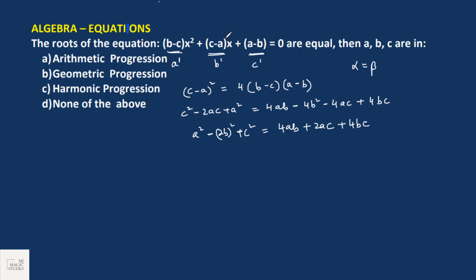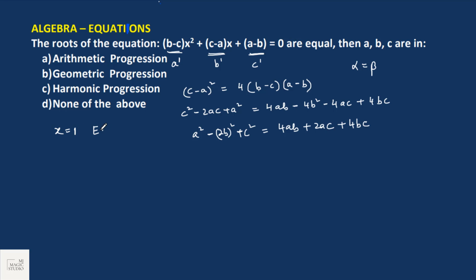So now the setup is actually, look at this equation. This is a trick equation. These values, these alphabets are in cyclic order: b minus c, after that c minus a, after a minus b. And once this is given, we know the sum of the cyclic numbers given in order is always 0.